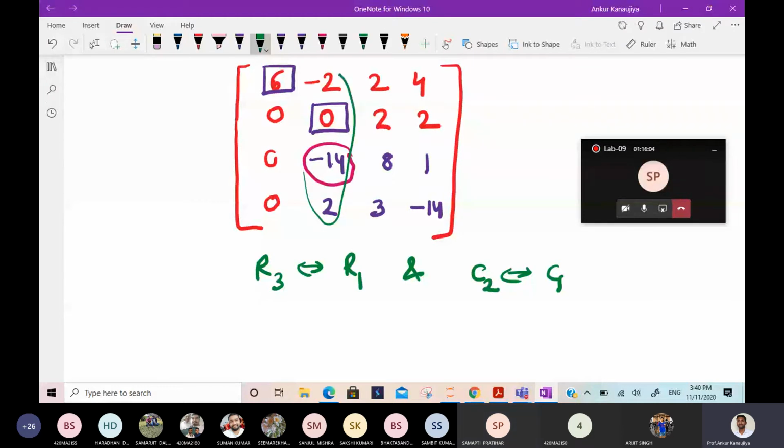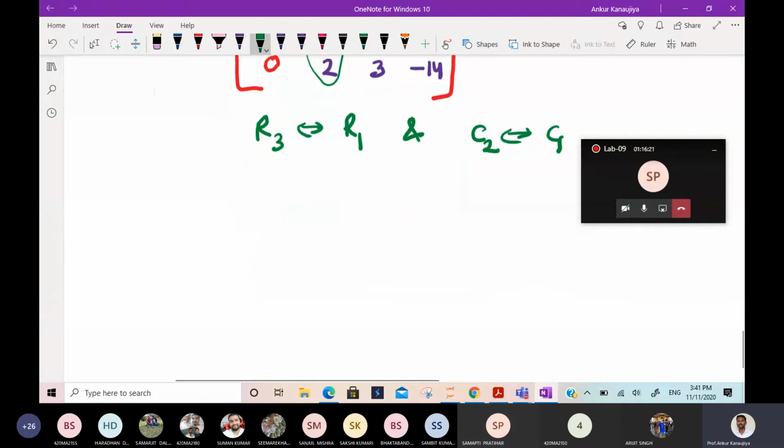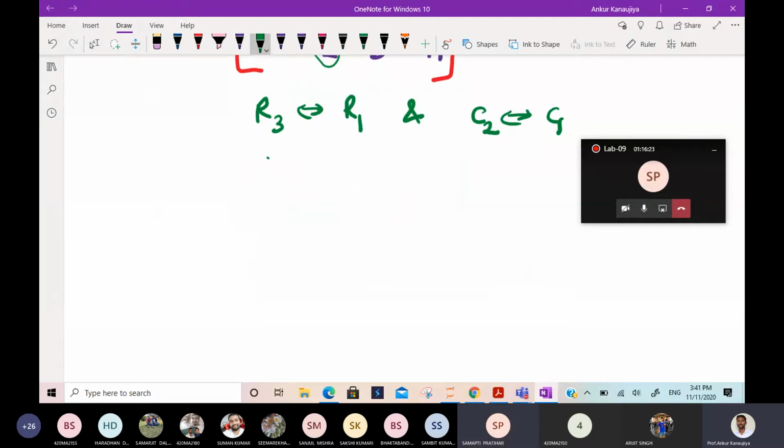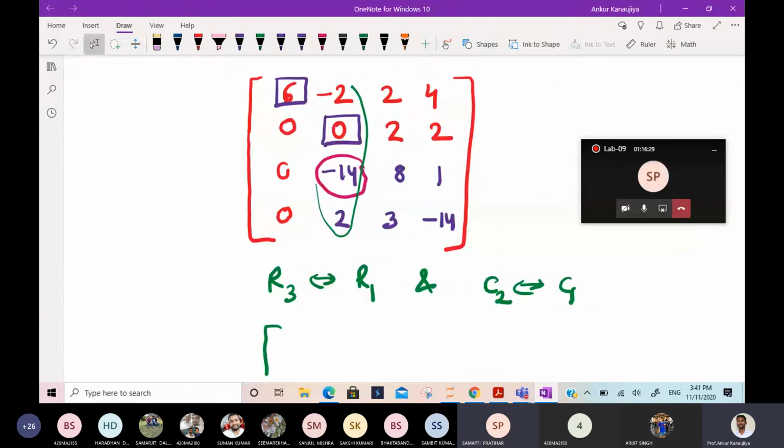So can you do this row operation and column operation, that interchanging, and tell me what matrix you will get after that? That means interchange column 2 with column 1 and then R1 with R3. Whatever you get, tell me, I will write here. So this is called complete pivoting.